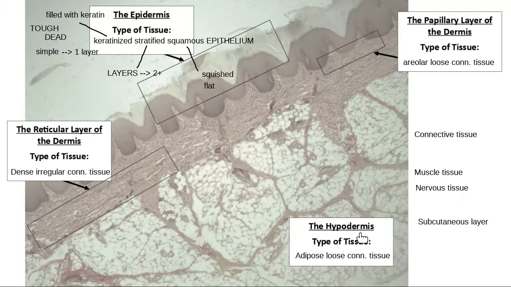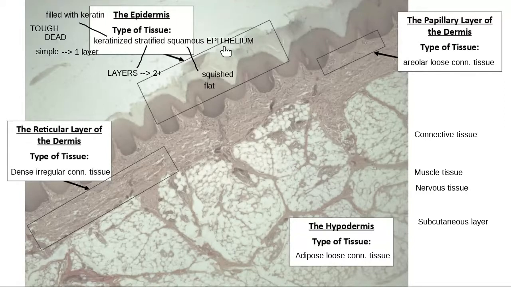So the hypodermis, or the subcutaneous layer, is where I find adipose. When I go up one layer into the reticular layer of the dermis, that's where I have dense, irregular connective tissue. Up above that, really close to the outer layer, in the papillary part of the dermis, that's the areolar loose connective tissue. And finally, the very outermost layer of your skin is keratinized, stratified, squamous epithelium.